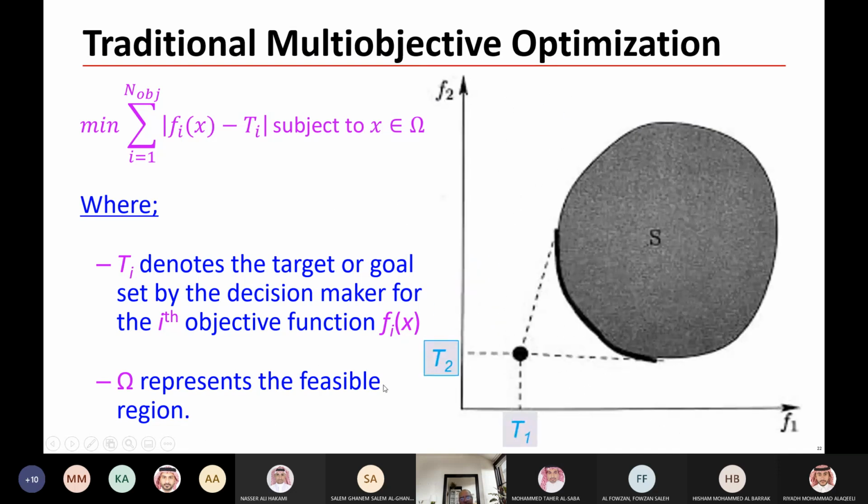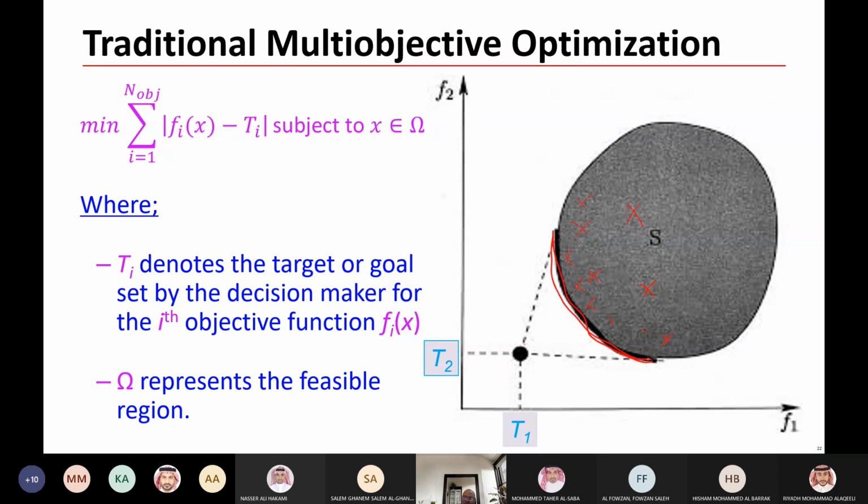So here is the situation. This is the feasible region, and you set the target outside the feasible region, and you need to minimize the distance between any solution here and the target. Definitely you will end up with these solutions.